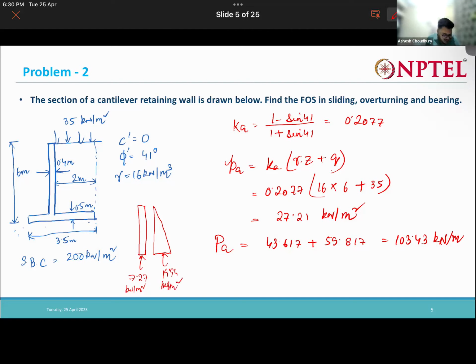So now if you take the areas, let's say this one is P1 and this one is P2, right?